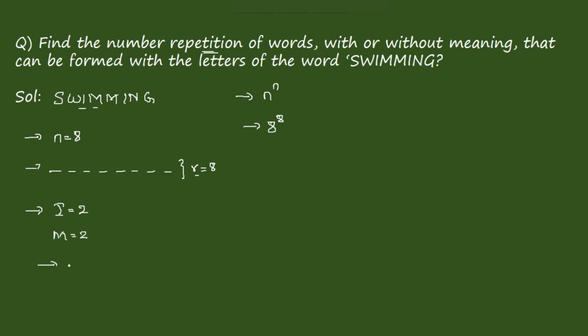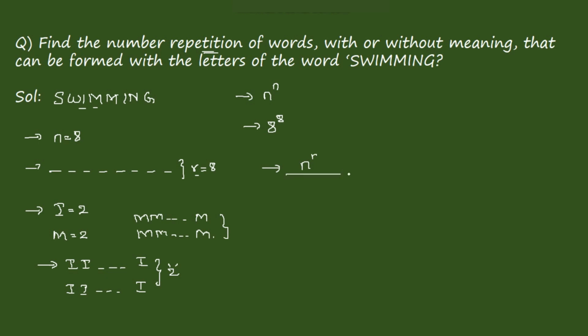So in this particular case, it becomes n to the power r divided by the factorials of the repeated letters. So it becomes 8 to the power 8 divided by the repeated letters, I and M, that is 2 factorial into 2 factorial. So the answer is this one.